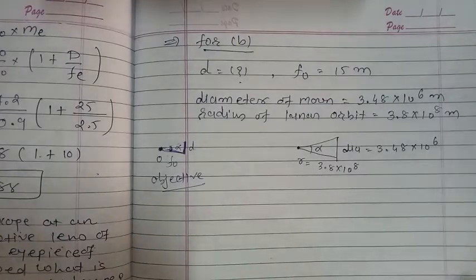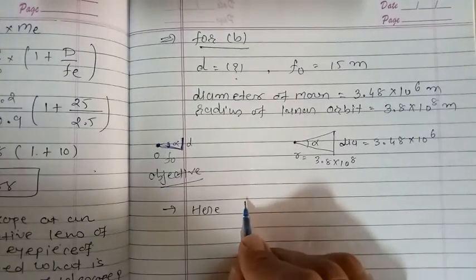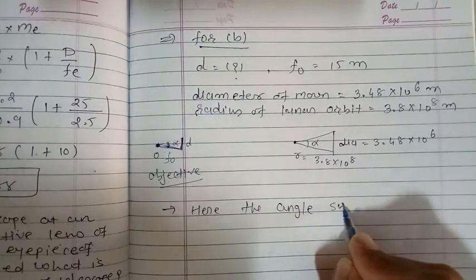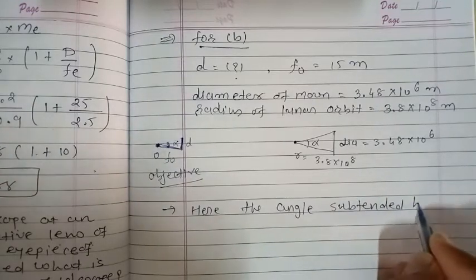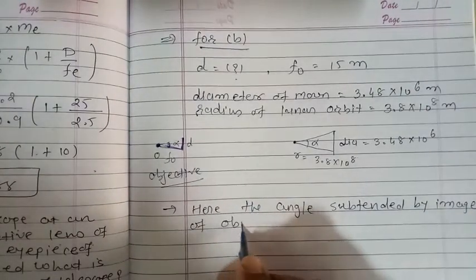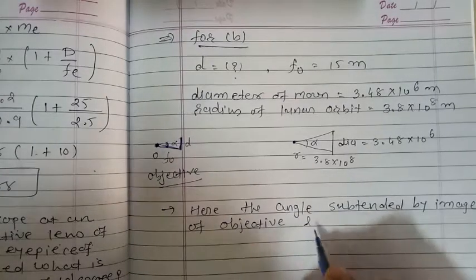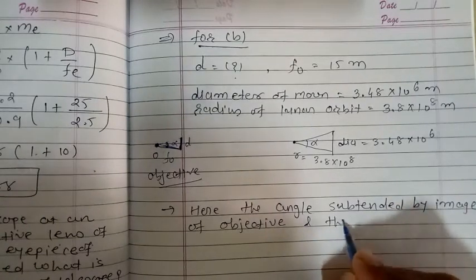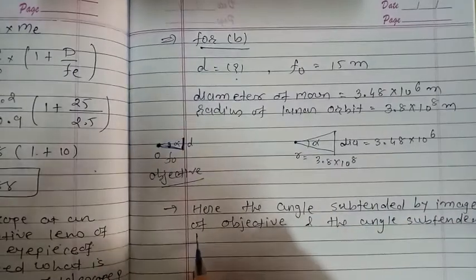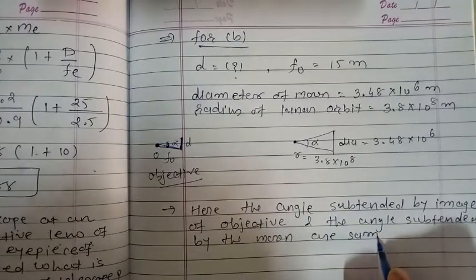So here we can write that the angle subtended by the image of the objective and the angle subtended by the moon are the same.